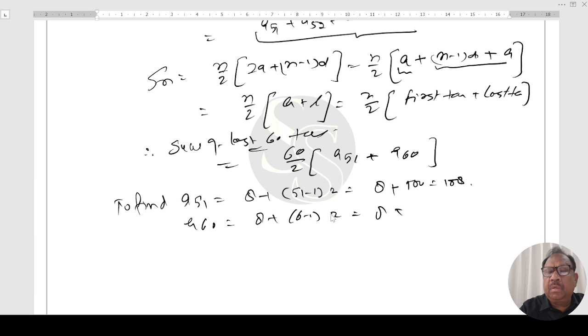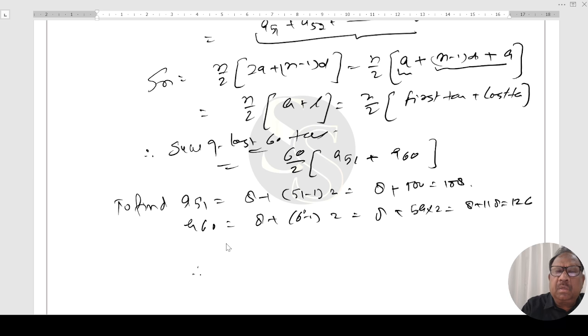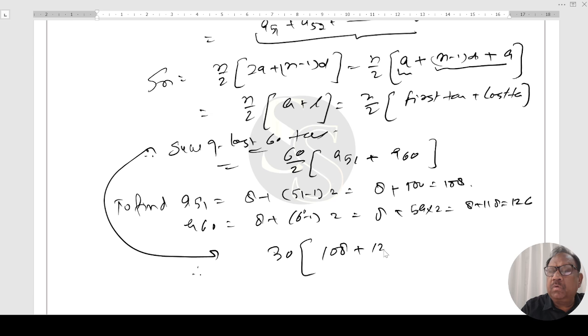8 plus 59 into 2. That is 8 plus 118, that is 126. Therefore, the sum of the last 10 terms comes out to be 10 by 2 into 108 plus 126.